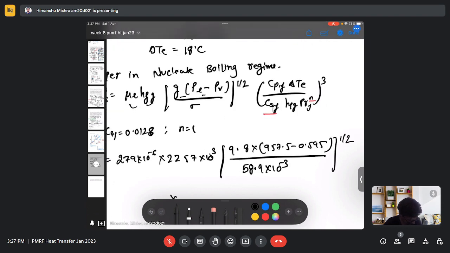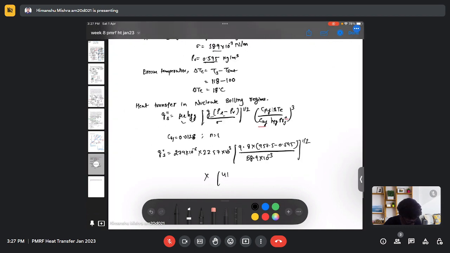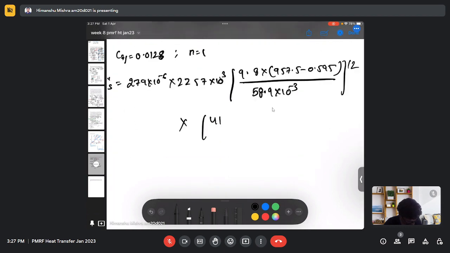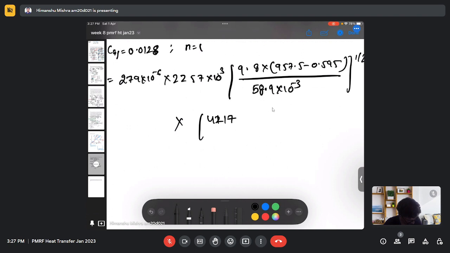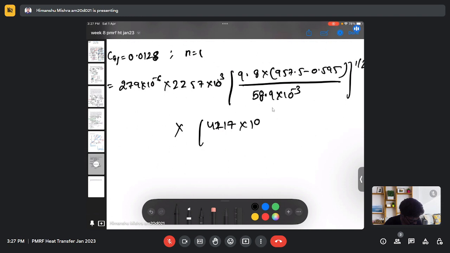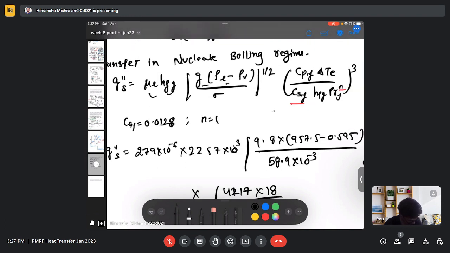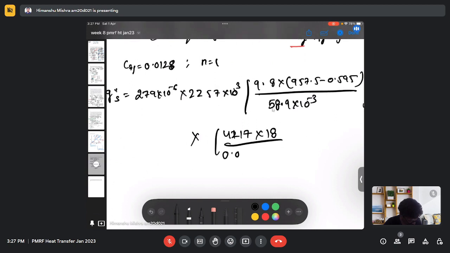Multiply by my latent heat. My excess temperature is 18 degrees Celsius. The constant is 0.0128.